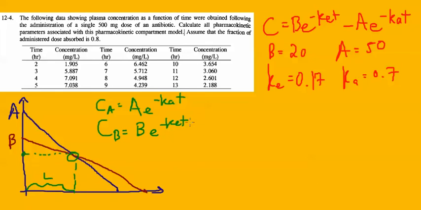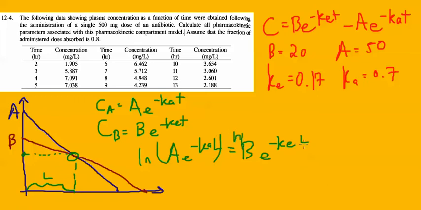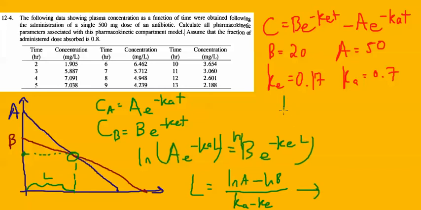So if we were to rewrite these equations and set them equal to each other, and take the ln of both sides, you solve for L and you get L is equal to ln A minus ln B over Ka minus KE. So L in this case, for this particular problem, ends up being about 1.7 hours.